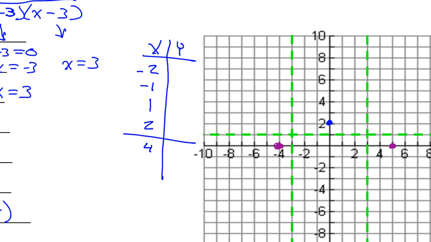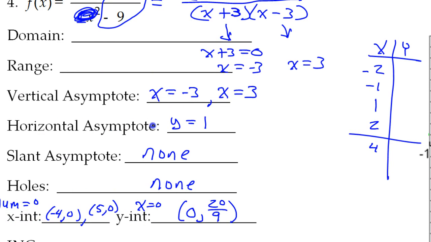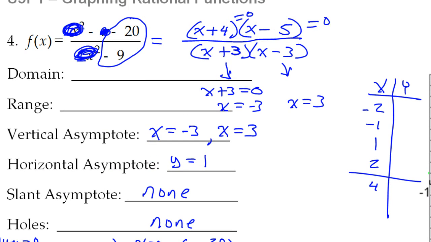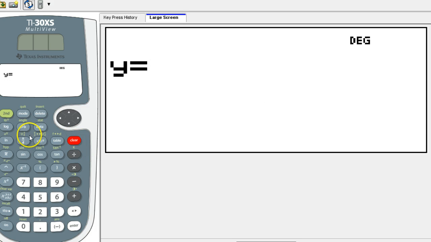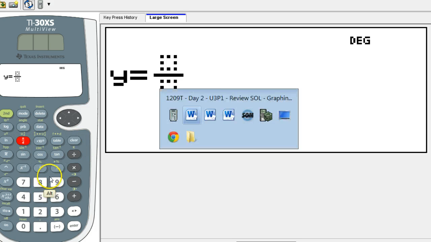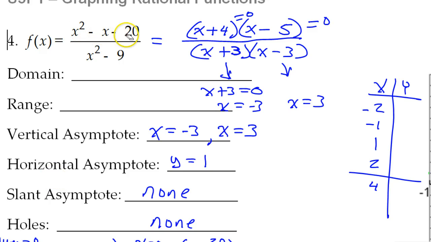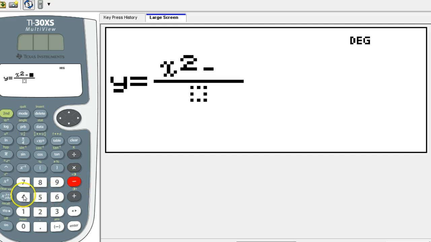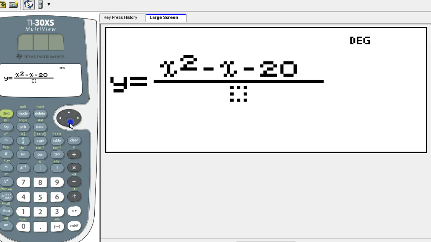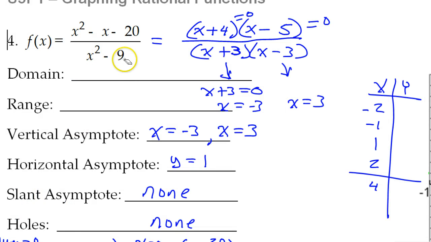So let's go back and use our calculator to help us out. We're just going to put this in the table feature. You hit your table button, get rid of that old thing, fraction mode. So we have x squared minus x minus 20, and then the denominator is x squared minus 9.